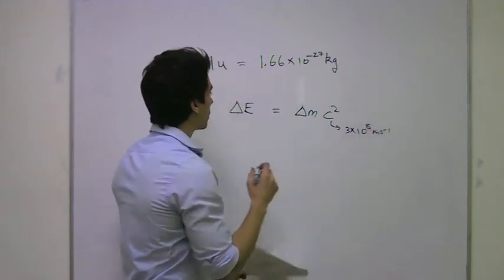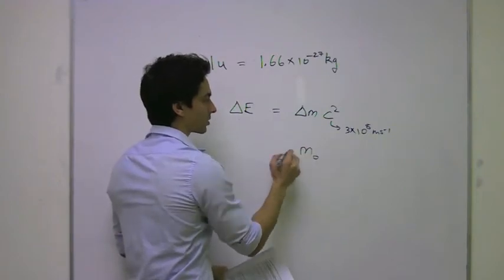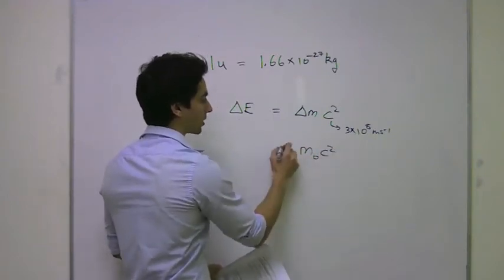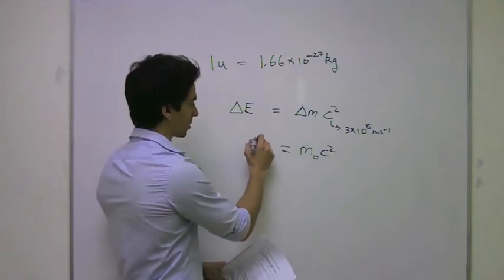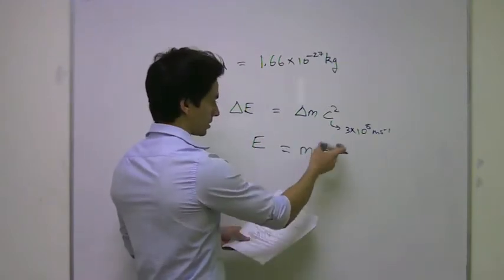Now when a mass is at rest and has a rest mass m naught, its corresponding rest mass energy is given by E equals m naught c squared.